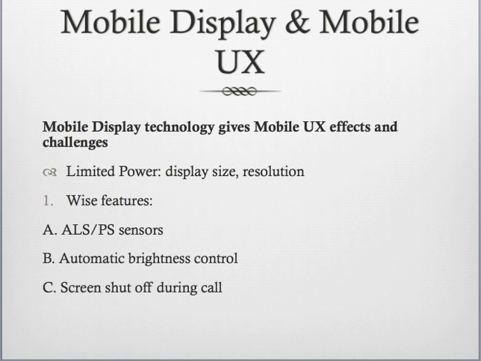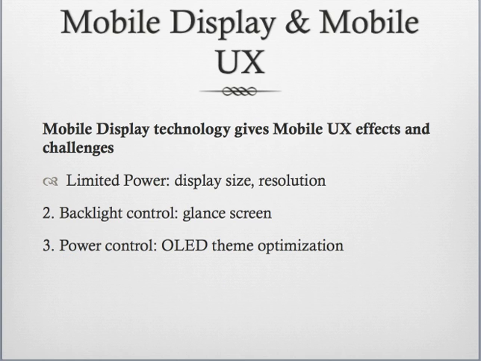And then there's the screen behavior during calls. Every time you pick up a phone call, the screen is shut off and turns black, and that can help you save a little bit of power. And then the next is backlight control. It's called a glance screen.